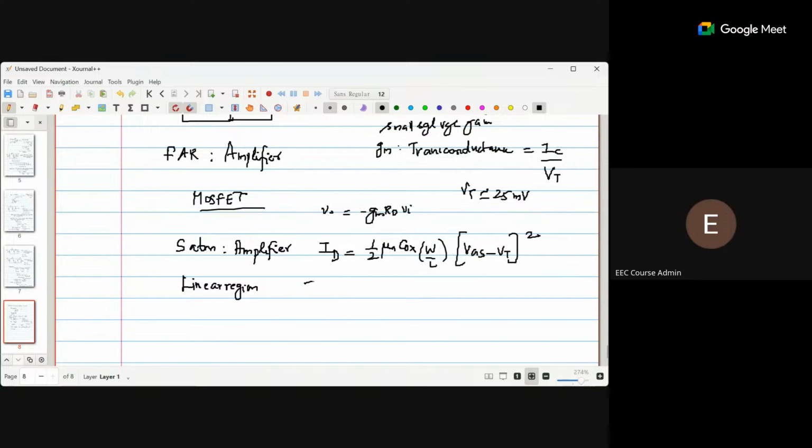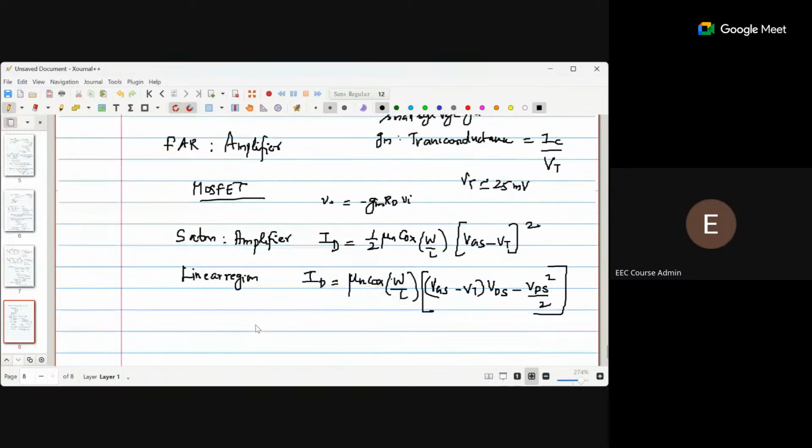Now the linear region: half μn Cox W/L (VGS − VT) VDS − VDS²/2.